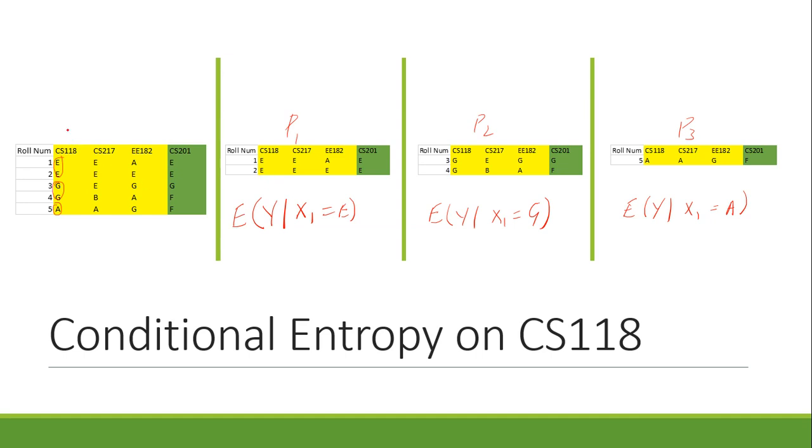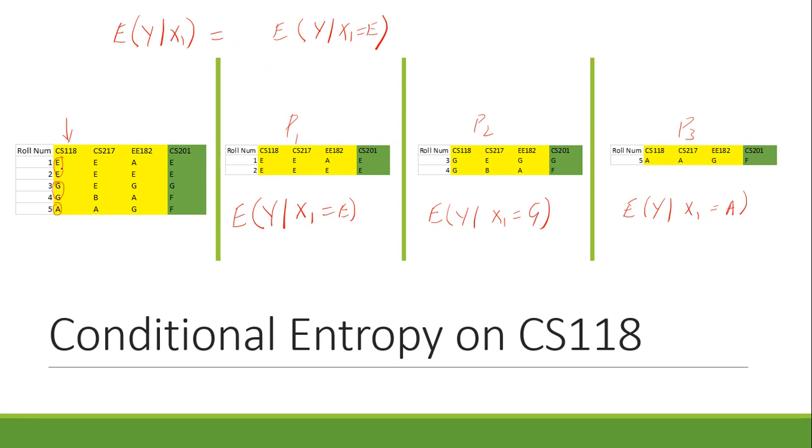What essentially we want here is to calculate the entropy of the entire column CS118. So for that, we would take the weighted average of these three entropies. Essentially, the entropy of Y given x1 is equal to the entropy of Y given x1 has the value excellent, multiplied by the probability of having an excellent in the column CS118.